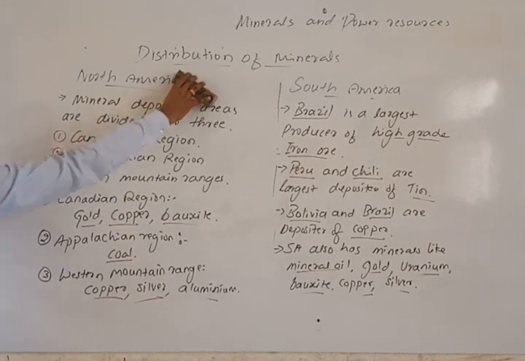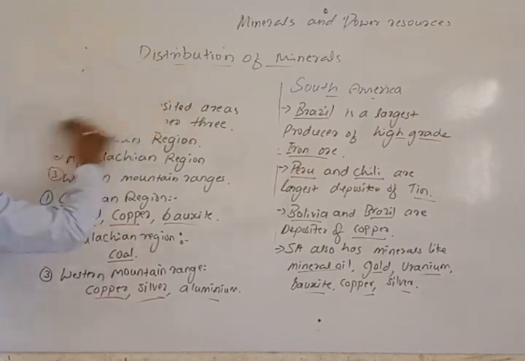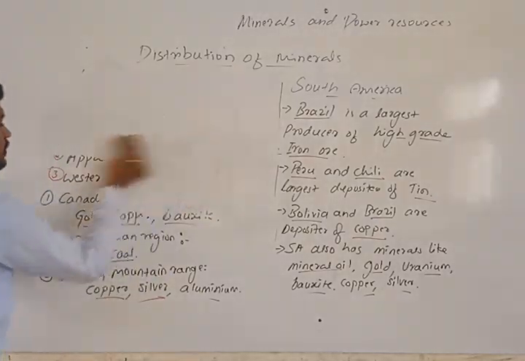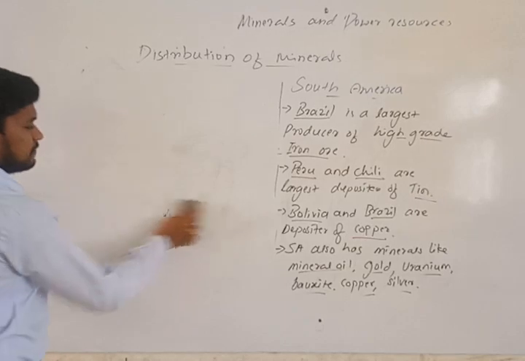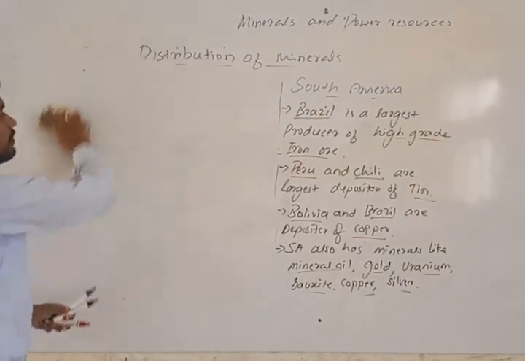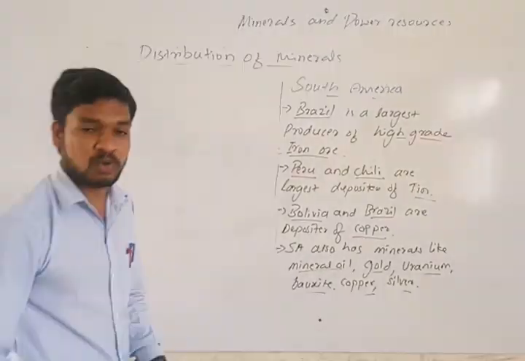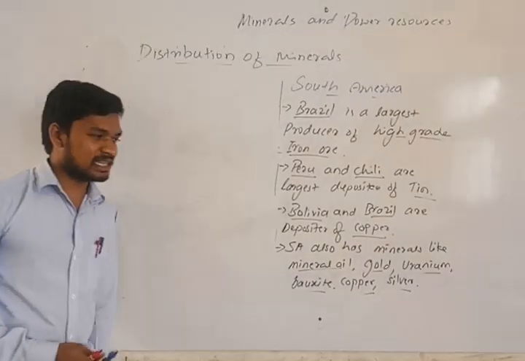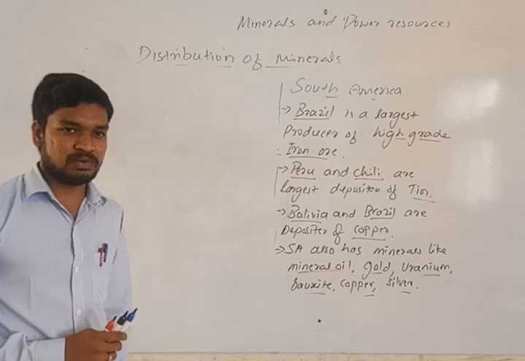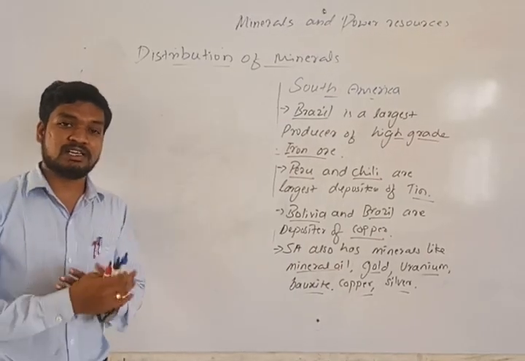Okay. The next important continent is Africa. You know that Africa is a leading producer. It produces the important minerals gold, diamond, then platinum. These are the three important minerals. It has a deposition and also it is a producer.